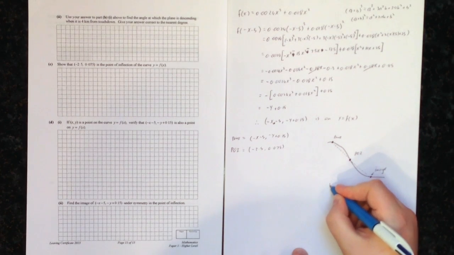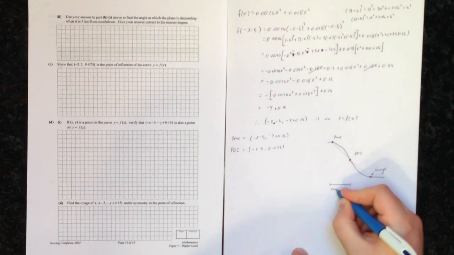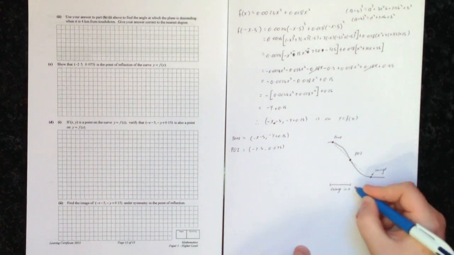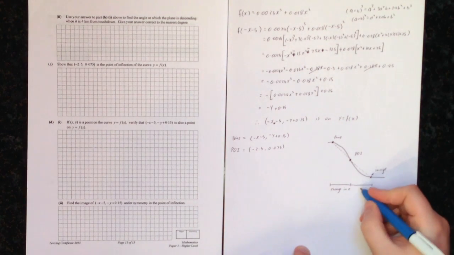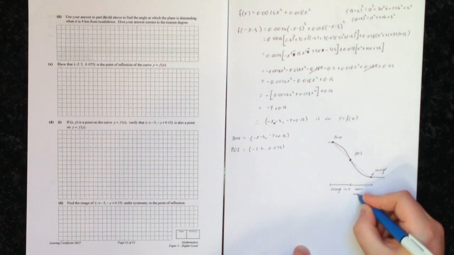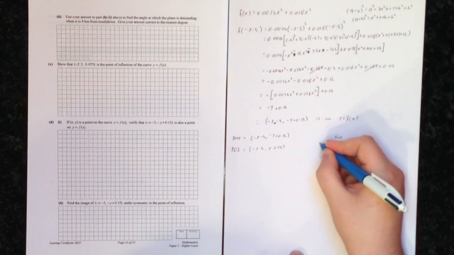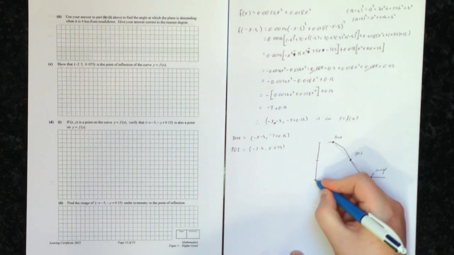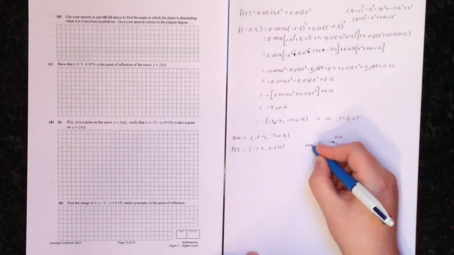So we're going to have some change in the x value, and then the same amount of change in the x value again to get to the image. Similarly, we're going to have some change in the y value, and then the same change to get to the image.